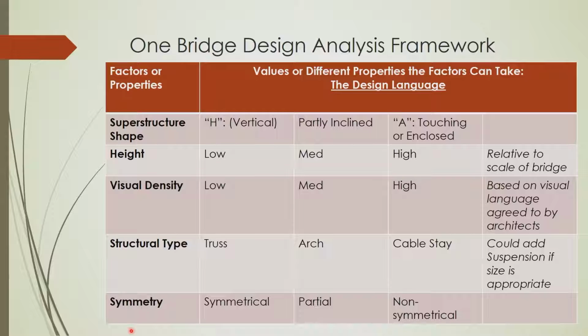There are many different kinds of, for example, vertical superstructure with low height and low visual density that are a truss type, that are symmetrical, that are completely different from each other. So to say that we have completely defined this and we've put this all in the hands of the people's preference is not accurate. We are attempting to provide decision support, just as we do with every other project, and give what's meaningful and provides clarity without dictating the designs.